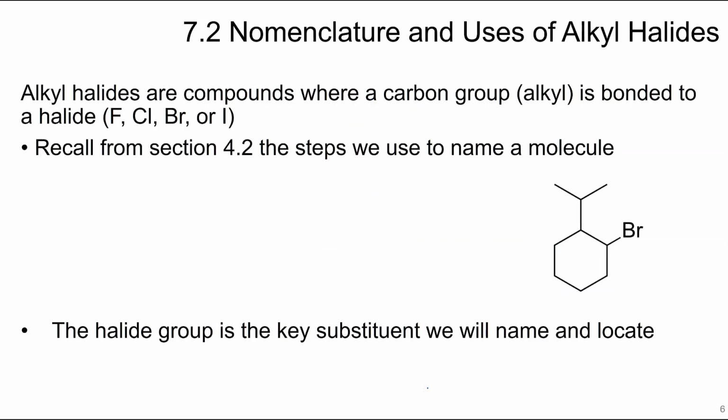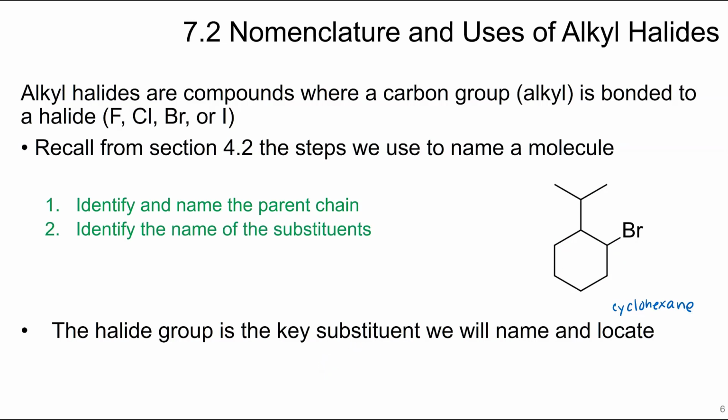Alkyl halides are compounds where a carbon group is bonded to a halogen. When we're naming them, you first identify the parent chain. The parent chain here is cyclohexane. Then we identify and name the substituents. This is an isopropyl. This is a bromo.